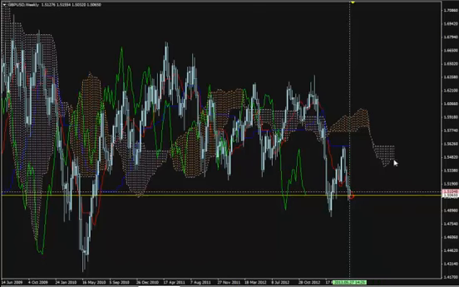It looks more possible that this will continue going down and will give a continuation to the formation of the bearish cloud, of the bearish Kumo.